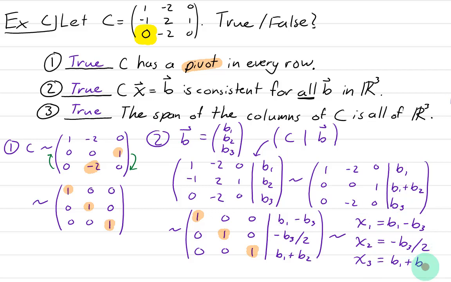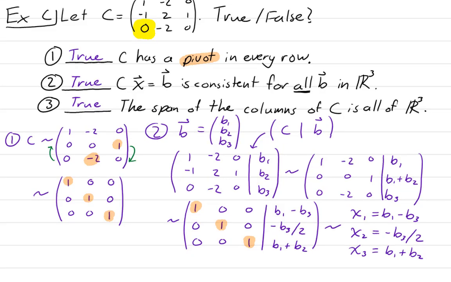And we know that it doesn't really matter what the b's are, because having a 1 in every row means that there cannot be any equation in the form like 0 = 5 or 0 = 2 or anything like that, because all of the pivots mean you're going to have a variable on the left side of each equation.